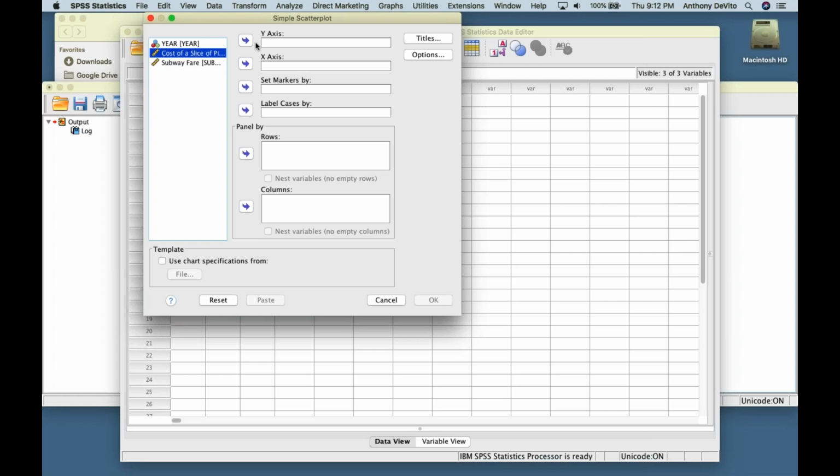We're going to want to plot the cost of a slice of pizza and the subway fare on the x and y-axis. Notice that I didn't really care which one I put on the x-axis and which one on the y-axis, because when we're dealing with correlation, we're not assuming causality. We're only looking for an association between two variables.